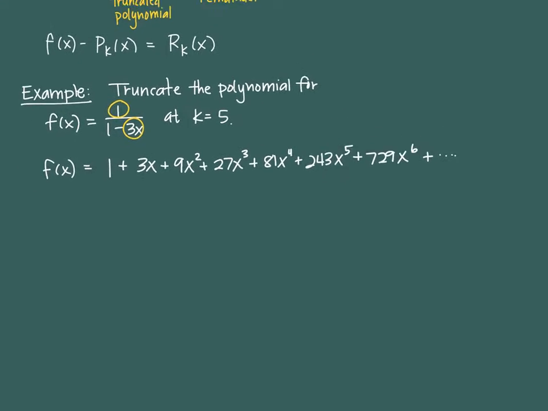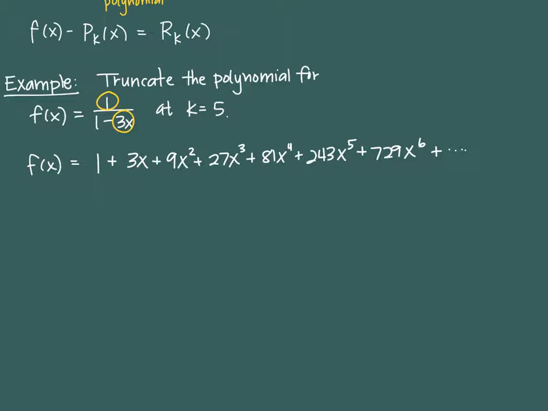All right, we are going to truncate this at k is 5, which means we're going to truncate it right there after the 5th power. So then the remainder would be starting with 729 and on forward, okay?